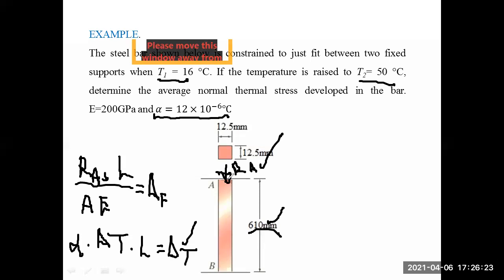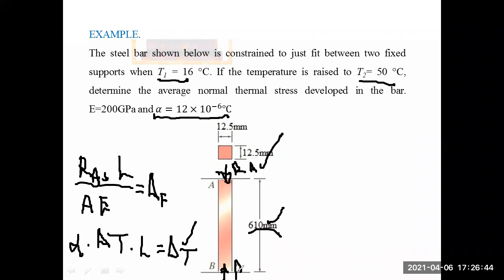The element wants to expand, but the constraint is preventing the element from expanding, and due to that, we will have a force pushing the element downward. Of course, at the other end, we will have the same amount of force, because for any action, there will be a reaction.